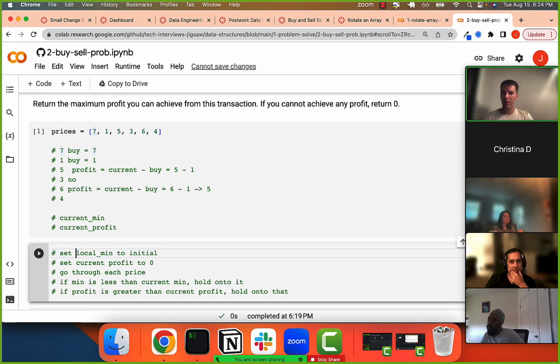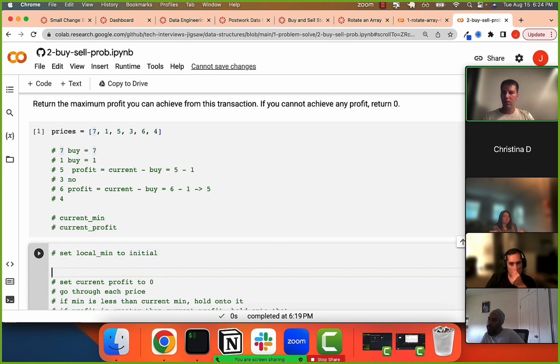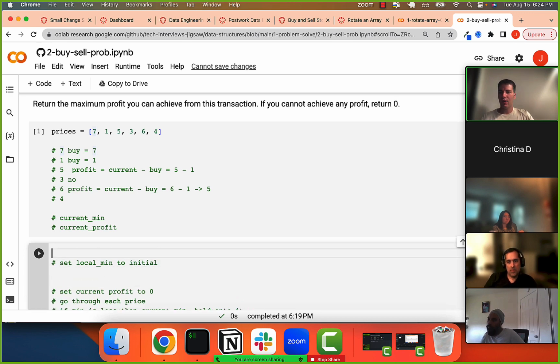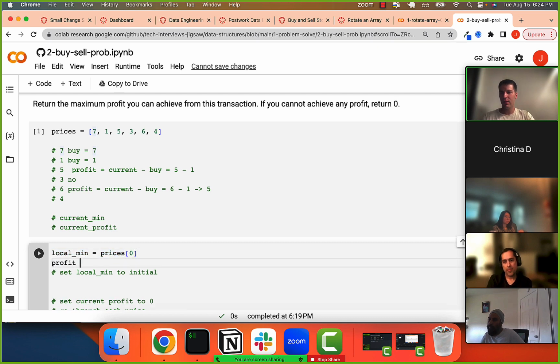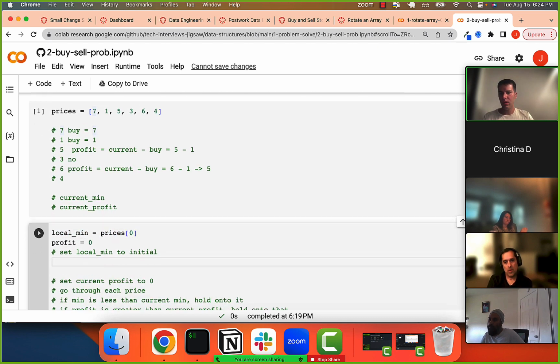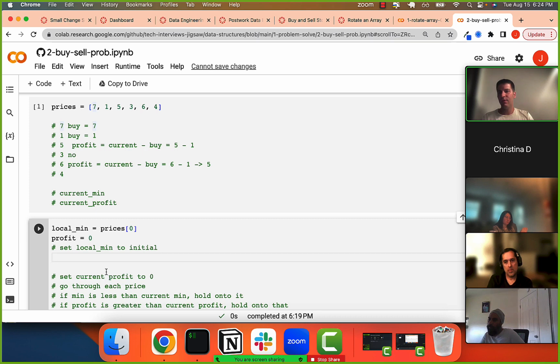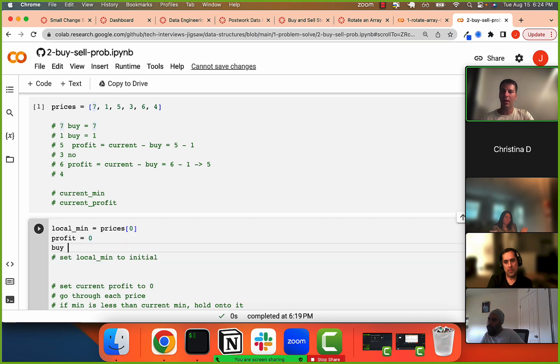So I can set 3 variables now, where I'll say, okay, the local min is going to be prices, just set it equal to an initial value. So set it equal to the first price as our local min, and the profit equal to 0. And then, let's also set the sell price.